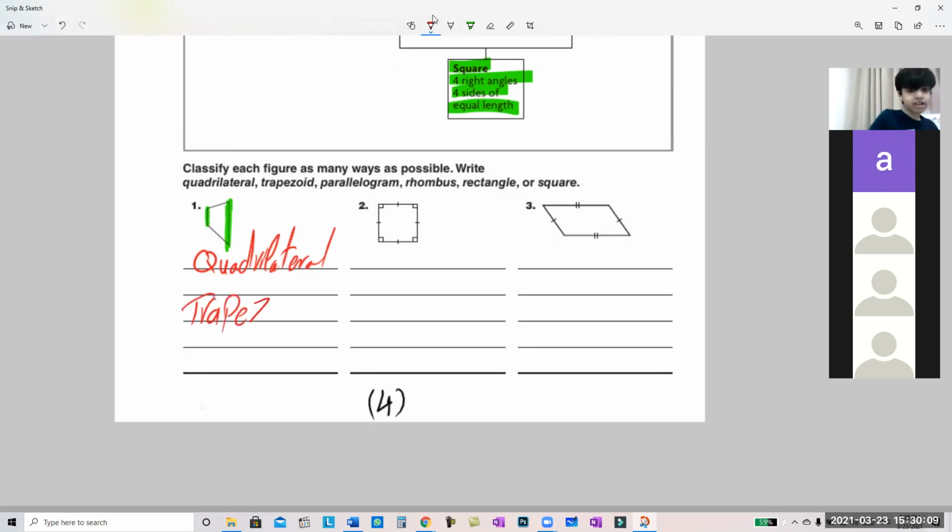Yeah, this is a trapezoid. That's the two possible names for it. It's a trapezoid, but with different lines. If you have different lines, it's okay, but you have to get one pair of parallel lines. Thank you so much, man.